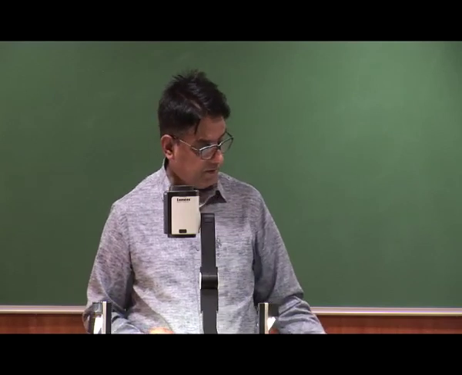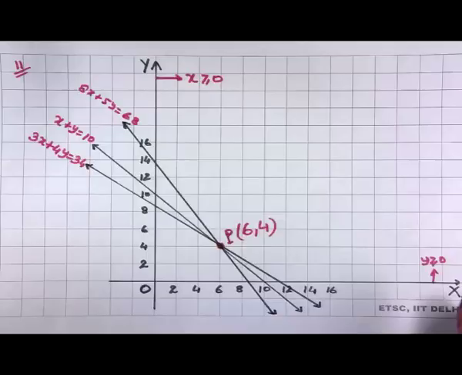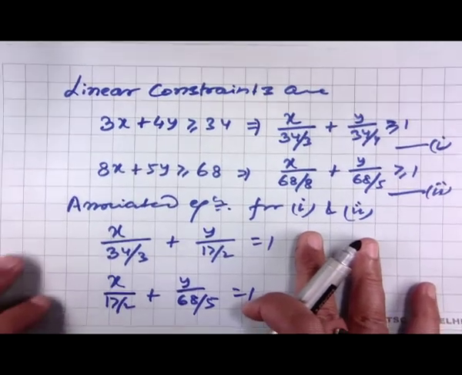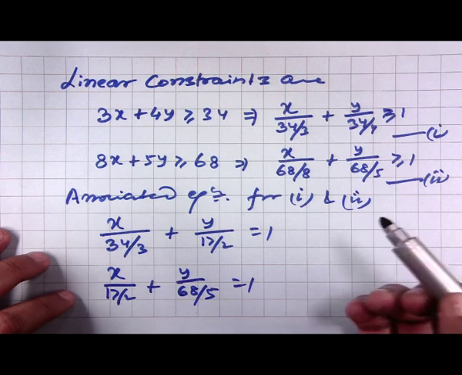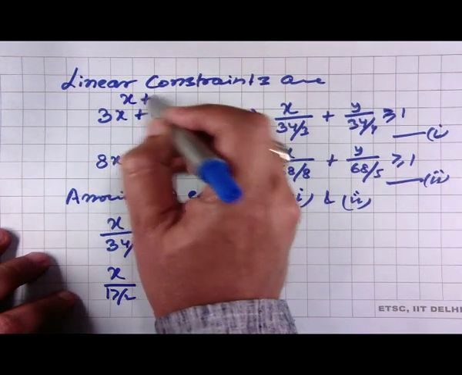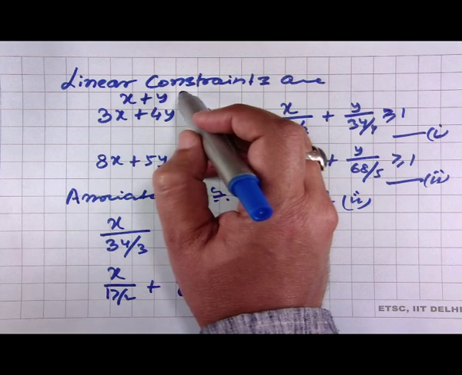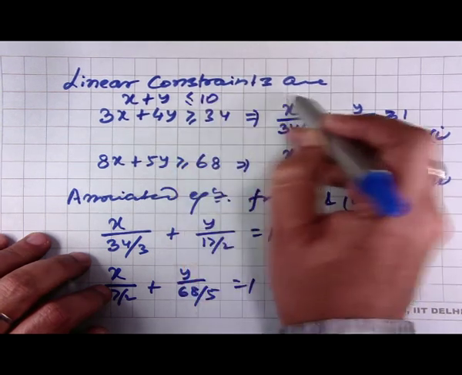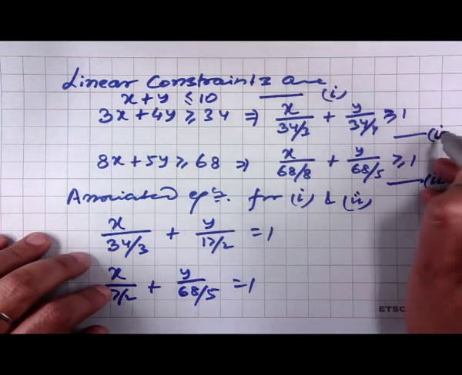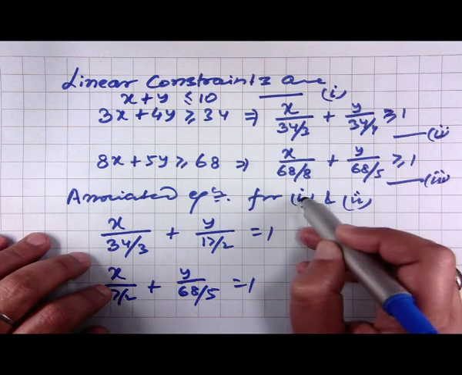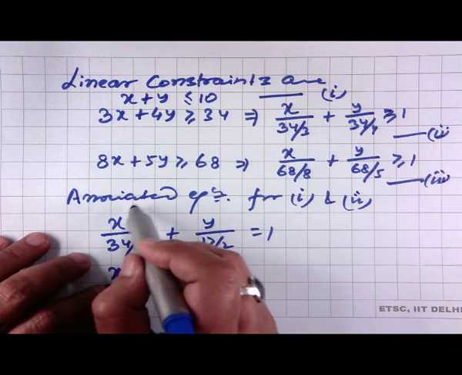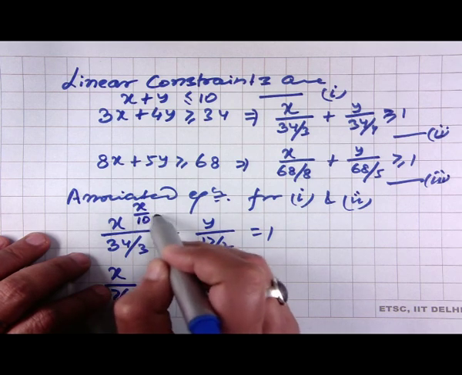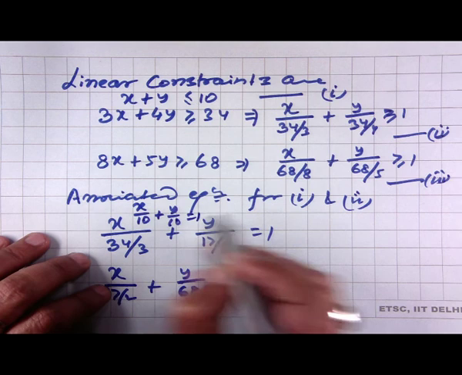So, when we draw the graph of these two lines, and one more constraint, that is x plus y is less than or equal to 10. So, this is first, this is second, and this is third. So, x by 10 plus y by 10 equal to 1.